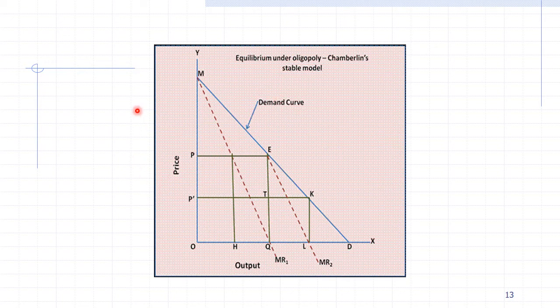The producer now finds his profit maximizing point where MC equals MR, and he has reached his equilibrium, which is attained at OQ. We will assume this is the profit maximizing point OQ.